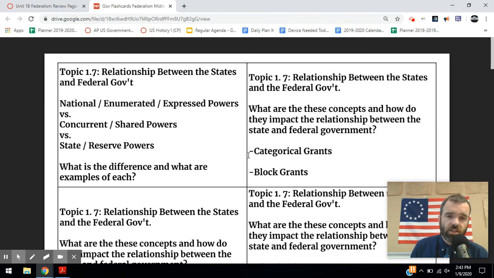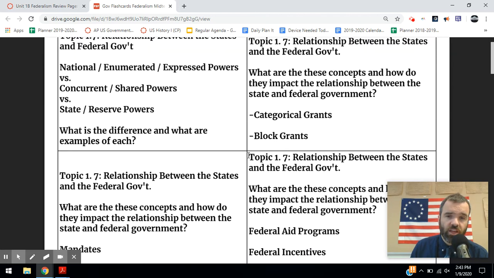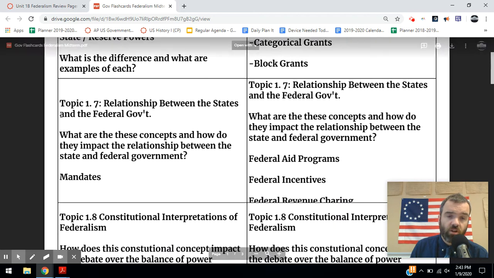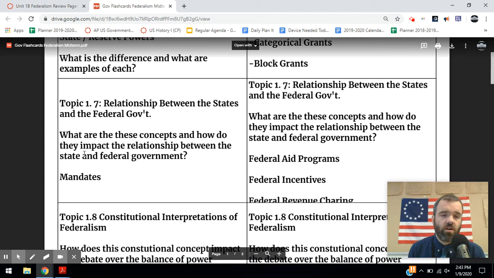So grants are a big part of the relationship between state and federal governments, and so too are mandates. The federal government can impose restrictions or requirements, which is probably a better way to describe it, upon states.